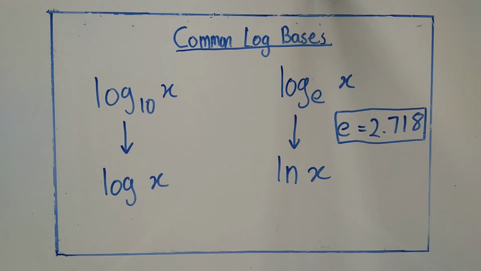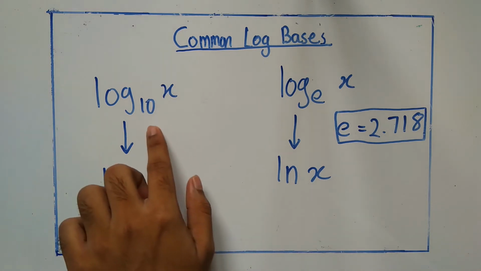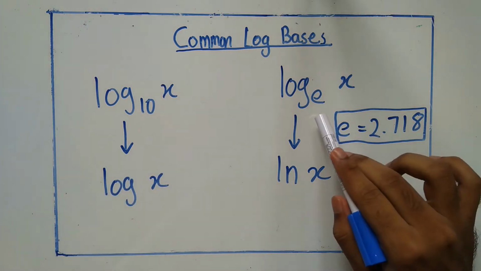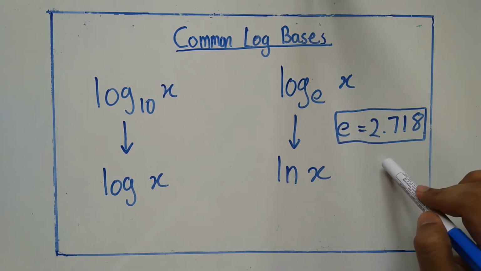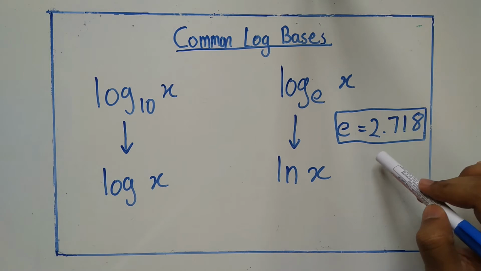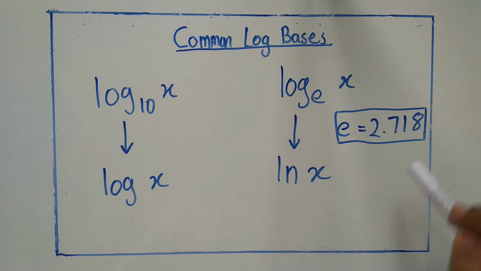There are two common log bases when solving logarithms. The first base is 10 and the second base is e. e is just a number which is approximately 2.718.